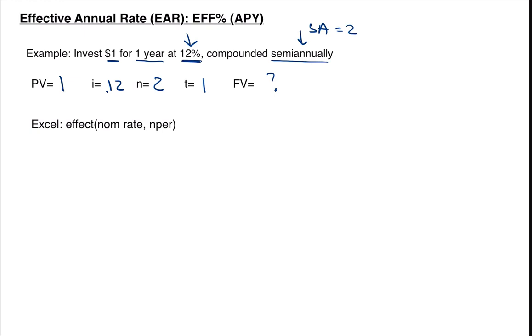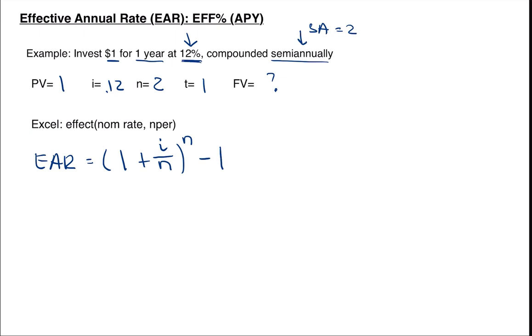So what we do is we take, so the EAR is equal to 1 plus our rate, so whatever our nominal rate is, divided by the number of compounding periods, to the power of the number of compounding periods, minus 1.